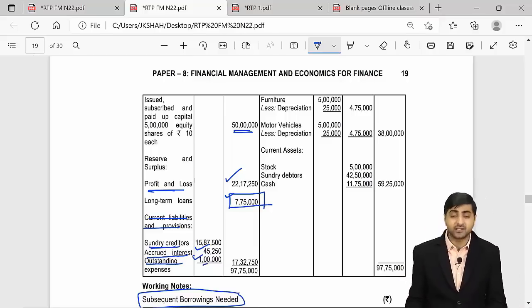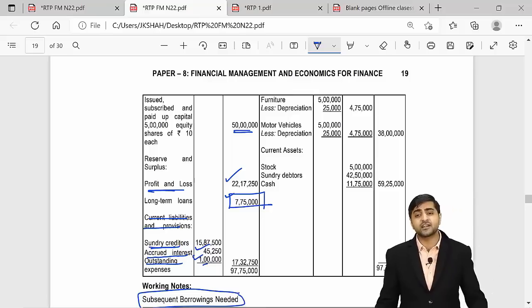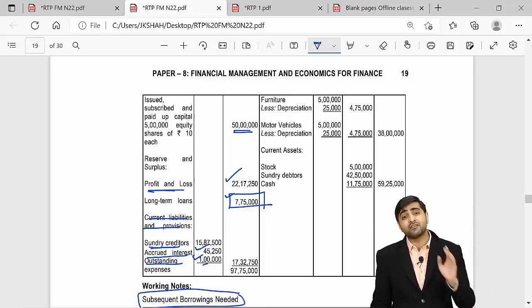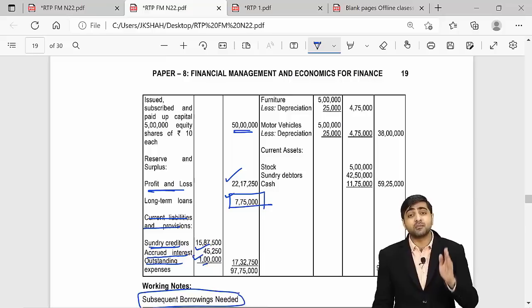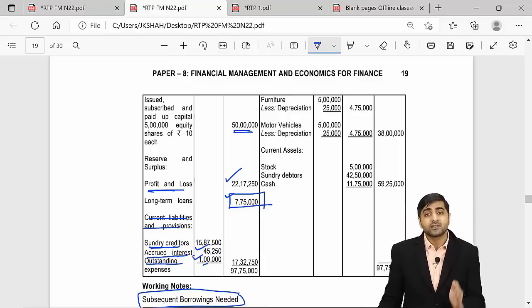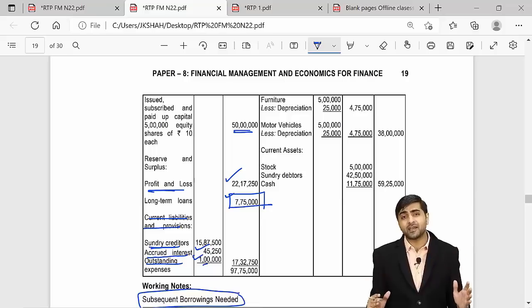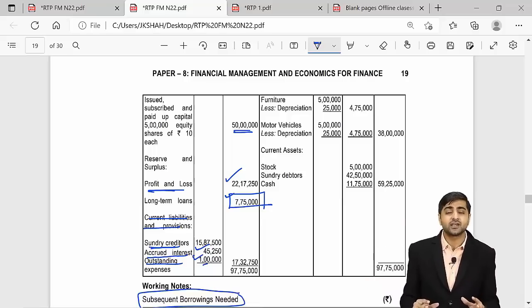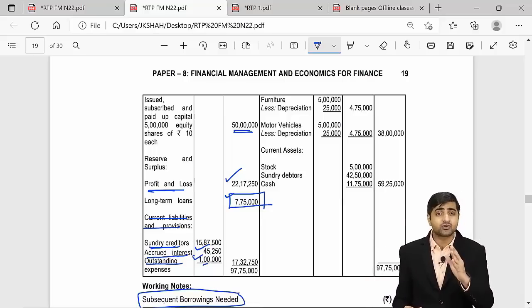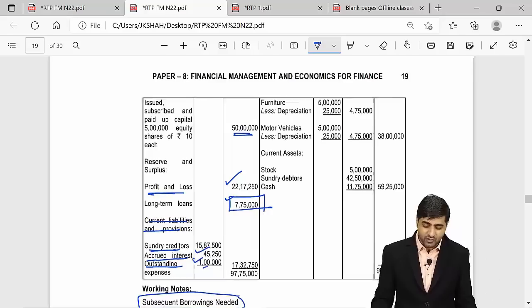And now sundry creditors. For sundry creditors, you have to understand that whatever is going to be the purchases for the month of your September, that is something which you will be paying it in the month of October. So when you are preparing your September month's balance sheet, obviously there is going to be some outstanding payment to the creditors which you have to make.